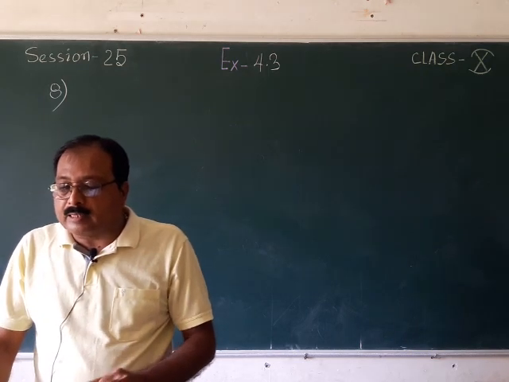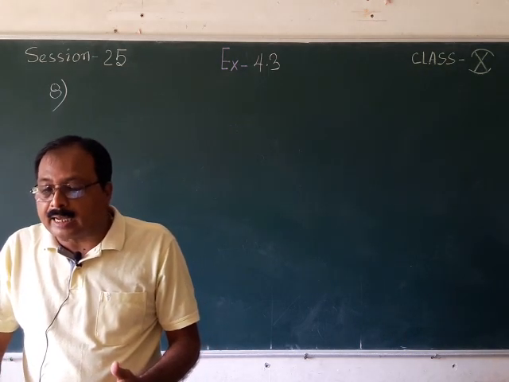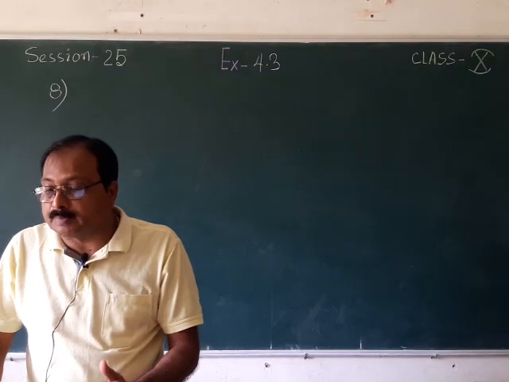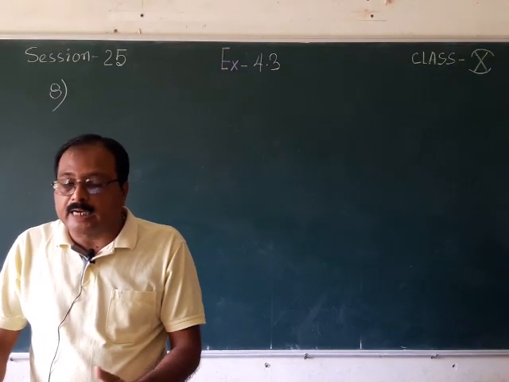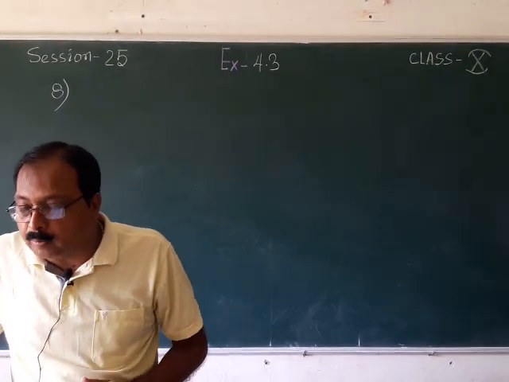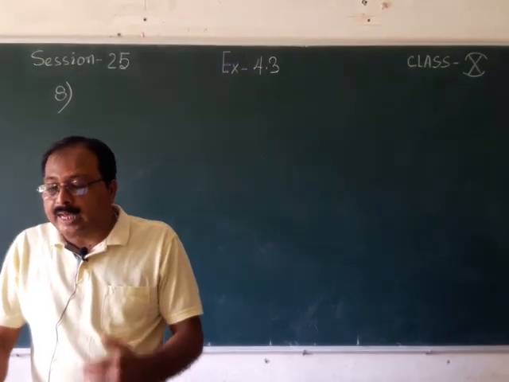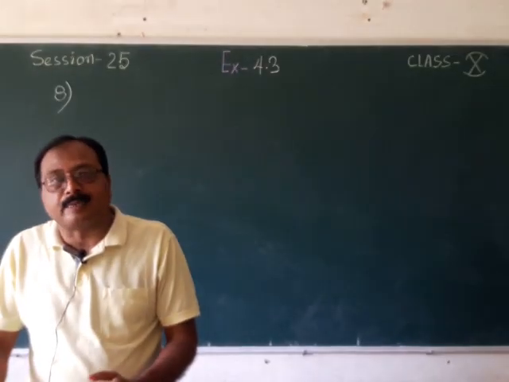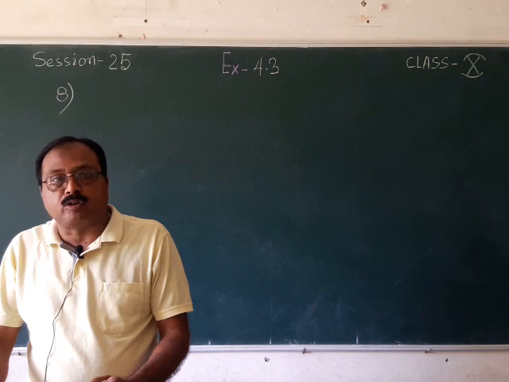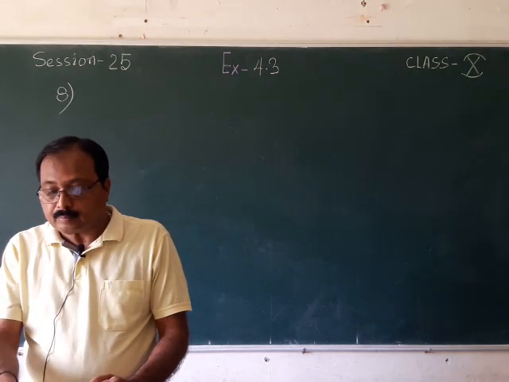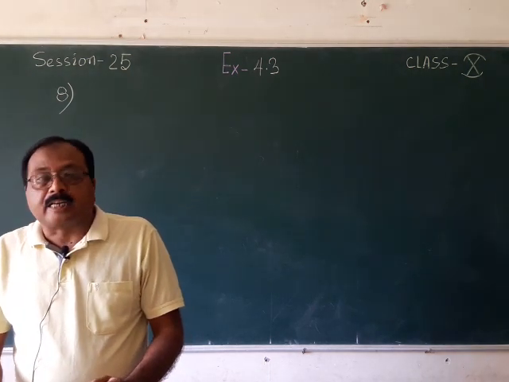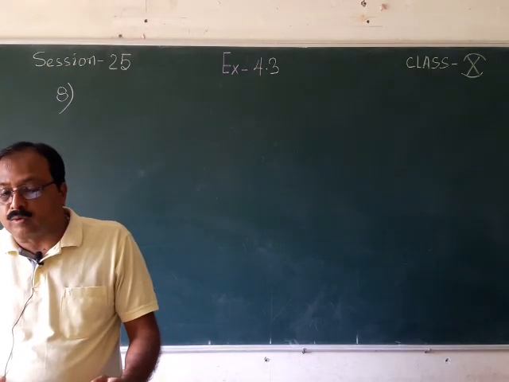So question number 8: A train travels 360 km at a uniform speed. If the speed had been 5 km per hour more, it would have taken 1 hour less for the same journey. Find the speed of the train. So here you have to set up the equation first, then you can solve it.